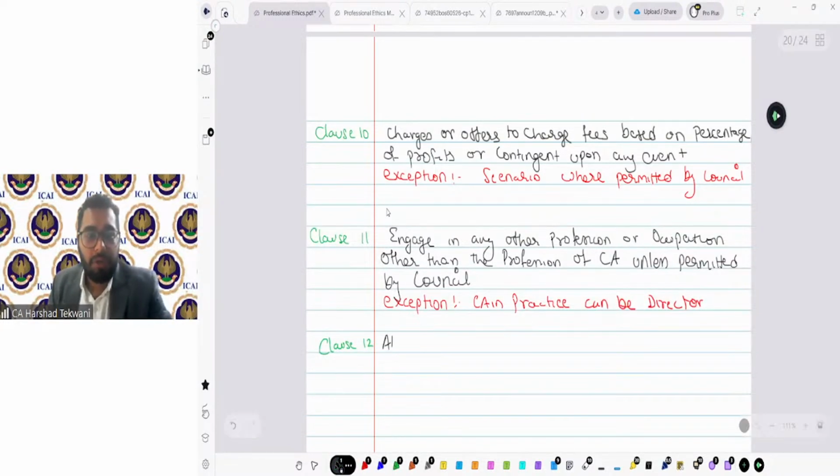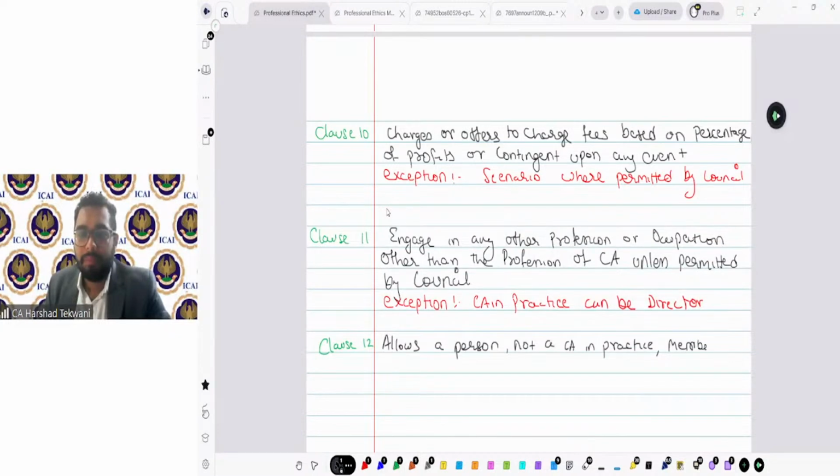So, allows a person who is not a CA in practice, not a member, not a partner, to sign on his behalf. In that case, he can be held guilty of professional misconduct.